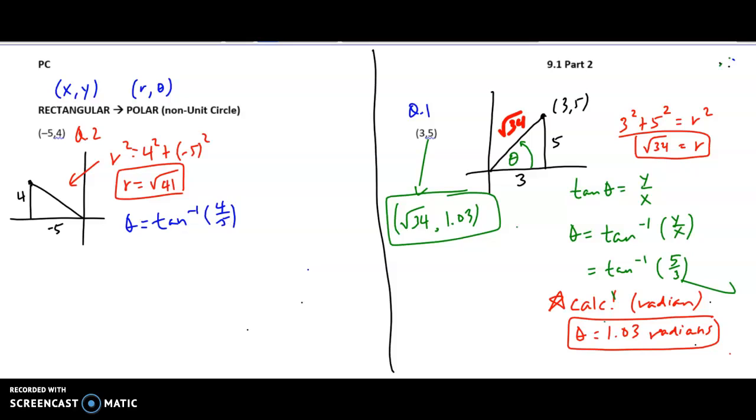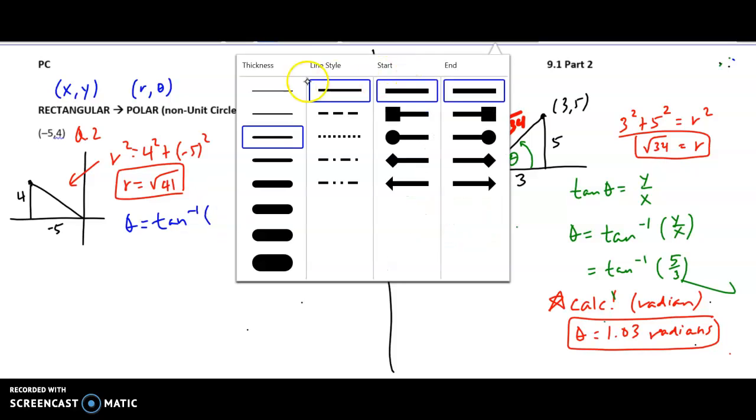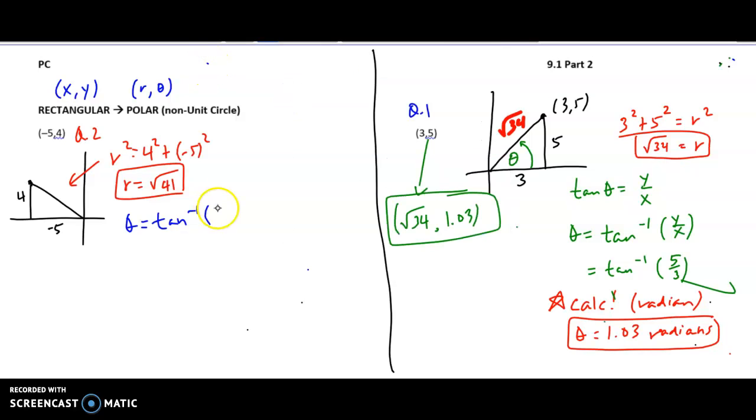Actually, I'm going to use a positive 5 instead of a negative, because when we do the inverse tangent the negatives won't matter too much. So let me adjust this real quick. That's going to be 4 over 5.